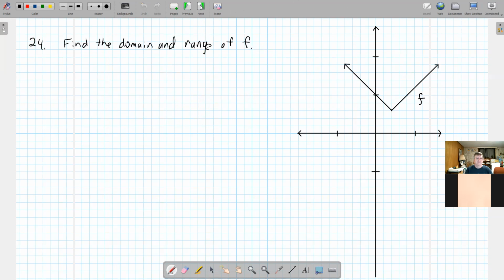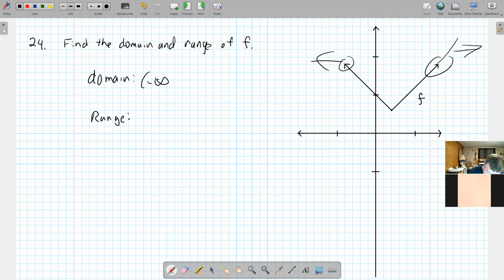Okay. Find the domain and range of f. And again, we're going to use interval notation. Well, as this goes up, it's going over, and as this goes up, it's going over, and so it's going from negative to positive infinity in terms of x. But the y values, the lowest y value is 3.